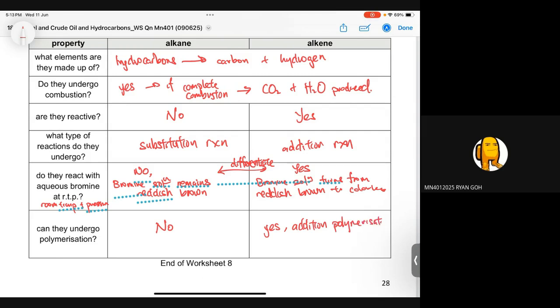Because under macromolecules, after we learn alcohol and carboxylic acid, you will realize there's a different type of polymerization that can occur. So addition polymerization is one of them. The next part, you're going to learn condensation polymerization. This one is not yet learned yet, so don't worry about it. You're going to learn it in the subsequent chapter.